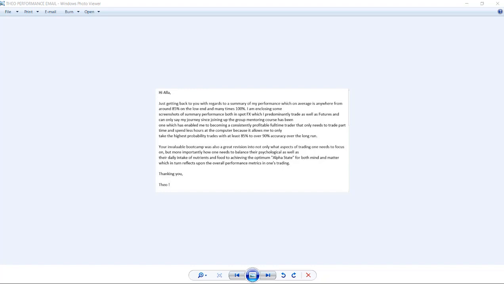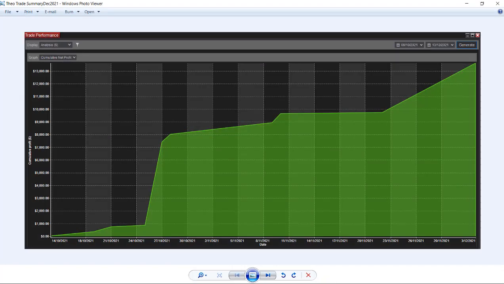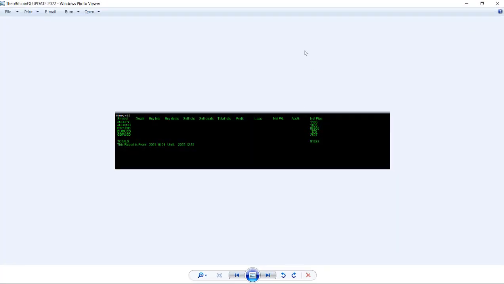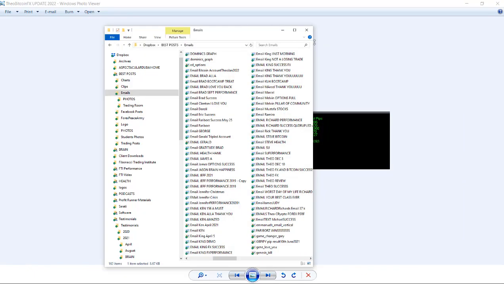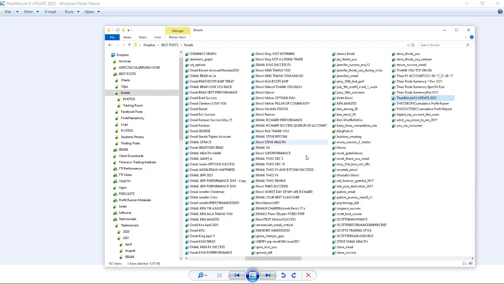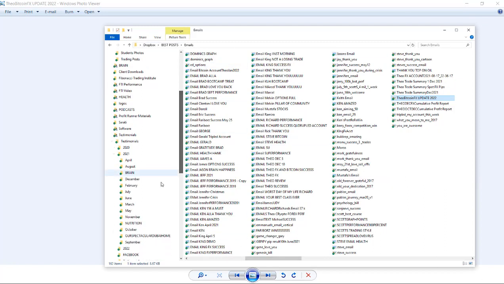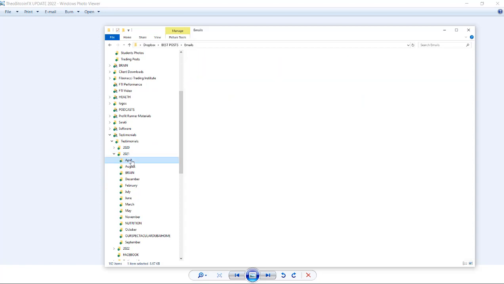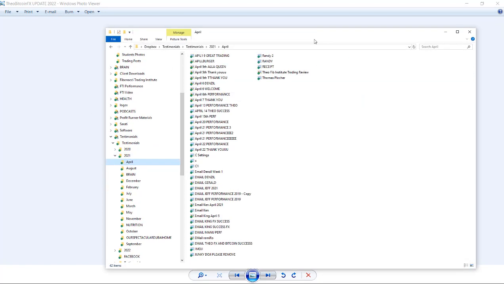You can do the exact same thing. Here is Bitcoin. Update on pairs. Thousands and thousands of emails. If I come to my Dropbox, tens of thousands of emails over the years, every single month. That's it. You decide what you want to trade.